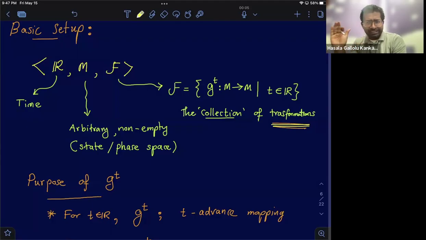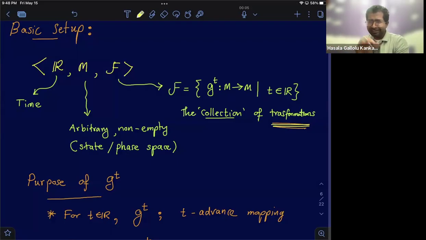But now in this setting, I am not assuming that, and yet I am saying it is a function. These GTs are just functions from M to M, where t varies. T is the index for each function, and I'm calling them transformations without referring to this one-to-one property. You will see in a moment why we are doing it.